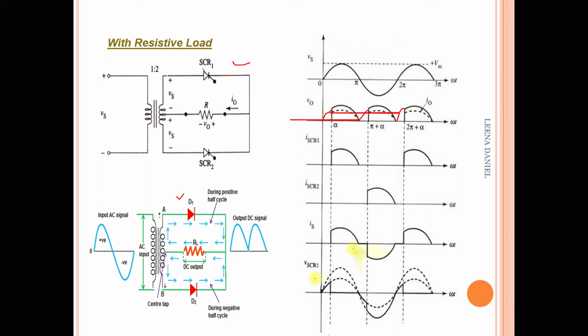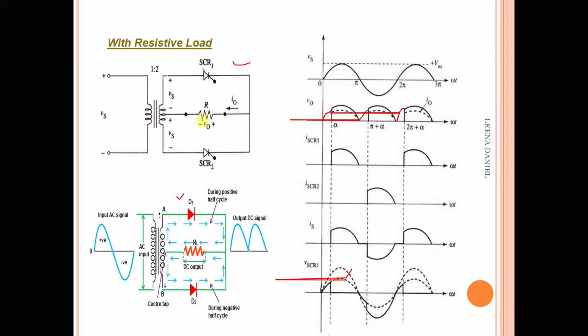This is the input waveform, the input current which we are getting, and this is the voltage across the SCR. Not this dotted line, only this solid line shows the voltage across the SCR.